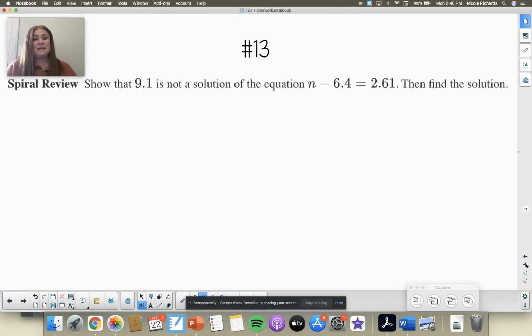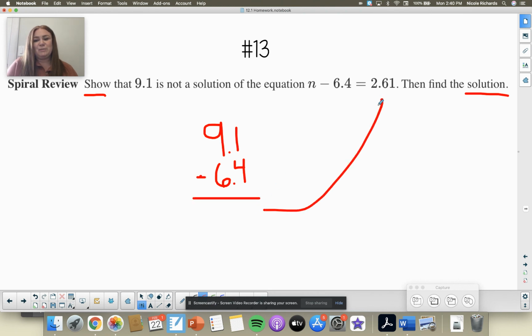Number 13 tells us that 9.1 is not a solution. So we have to show and prove that, and then find the actual solution. So if I put 9.1 as n minus 6.4, see what the answer should be if n were 9.1.